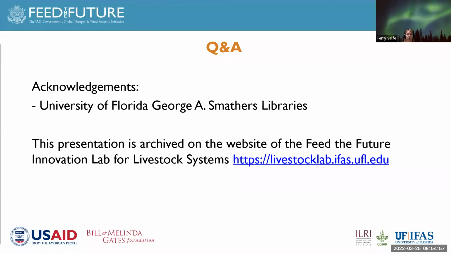And that will help you when you're trying to decide what journal do I want to publish in, and is that journal in the database that I want to use.